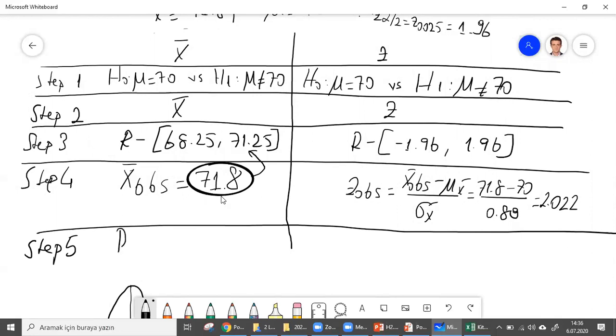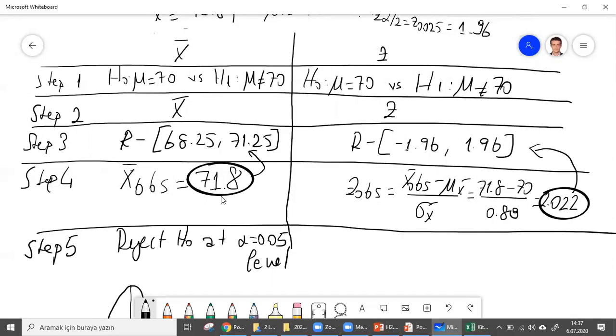So you just reject H0 at alpha equal to 0.05 level, okay? So just look at here, is this 2.02, is it in this region? Well, yes, okay. In fact, this is what we expect because the result should be the same. Reject H0 at alpha equal to 0.05 level, okay.